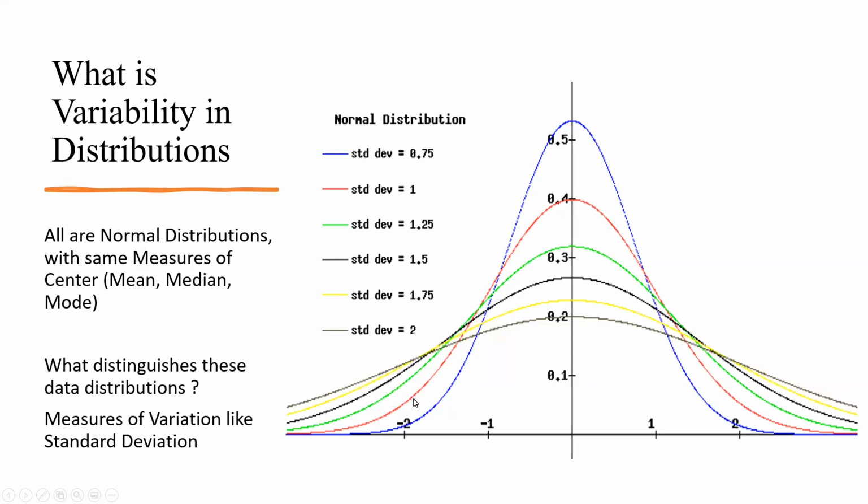With the same pattern, we can conclude that if the data distribution is more flat, almost parallel to the x-axis, then the standard deviation for that distribution would be close to infinite. So this is how, for data distributions which have the same measure of center, the measure of variance can be used to distinguish among them.